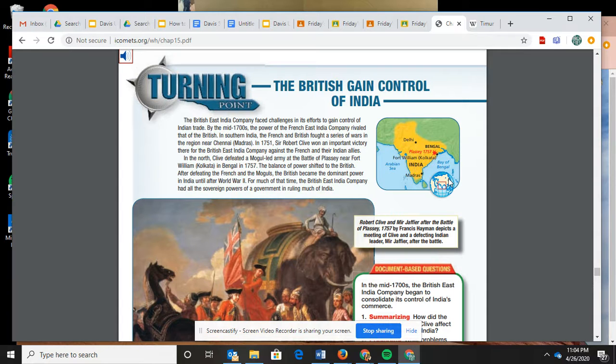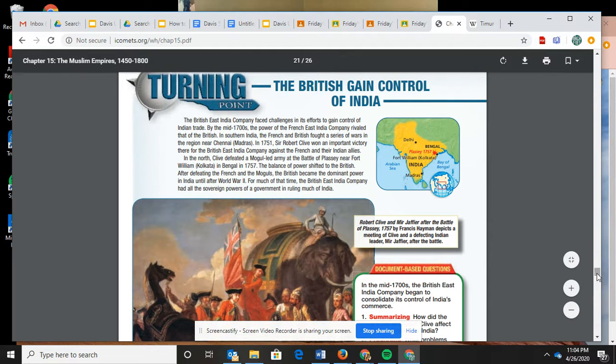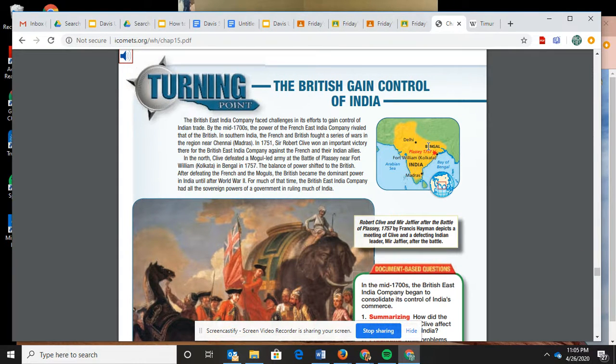So all hell broke loose at one point during the British East India Company, and Queen Victoria got tired of capitalists just running amok down in India, and she takes over India, and it officially becomes part of the British Empire. That's going to be the lasting takeaway. I know I went fast through that because it's not really what we're talking about yet. What we're talking about is that religious intolerance is going to lead to a distracted empire, leaving the door open for the British to come in and exploit them.